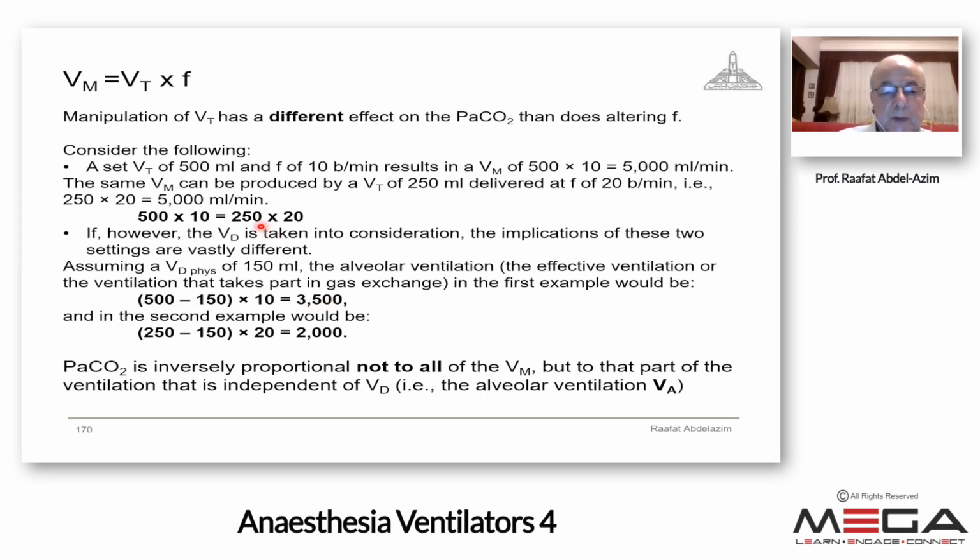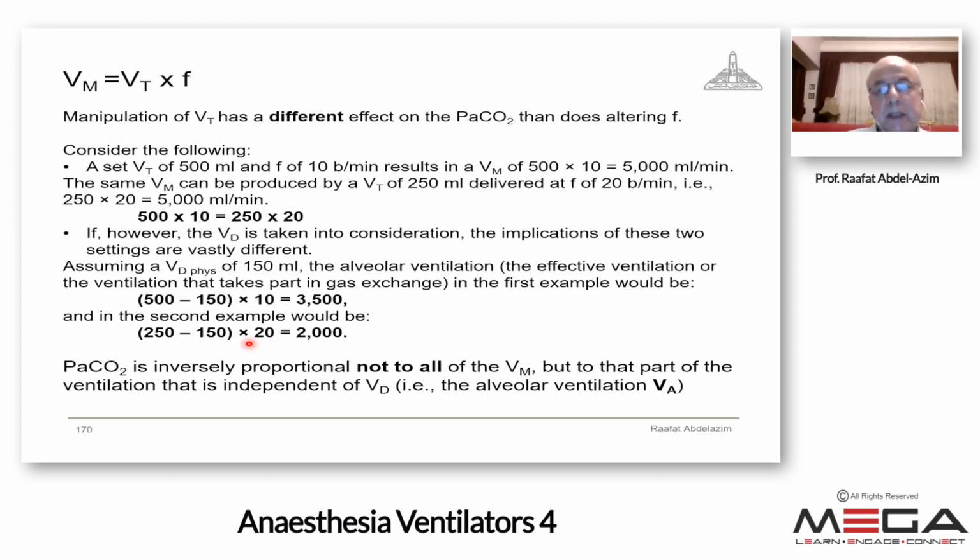Again, go to the other one, 250 times 20. 250 minus 150 will be 100, times 20, it will be 2000. So see the effect of dead space here, it will change the product much. So consider the dead space.